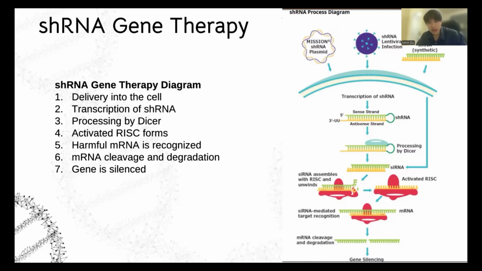The cell has an enzyme, Dicer, that cuts the shRNA into siRNA, which then guides the protein complex RISC, like a map for the RISC to recognize and bind to the harmful mRNA. When it recognizes the harmful mRNA, it will cleave and destroy the mRNA that is causing the disease, stopping the production of the disease-causing proteins. So it turns off the harmful gene effects even though the gene is still there.